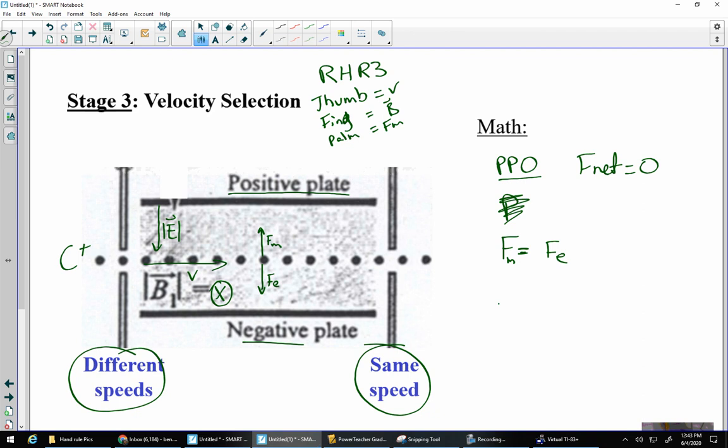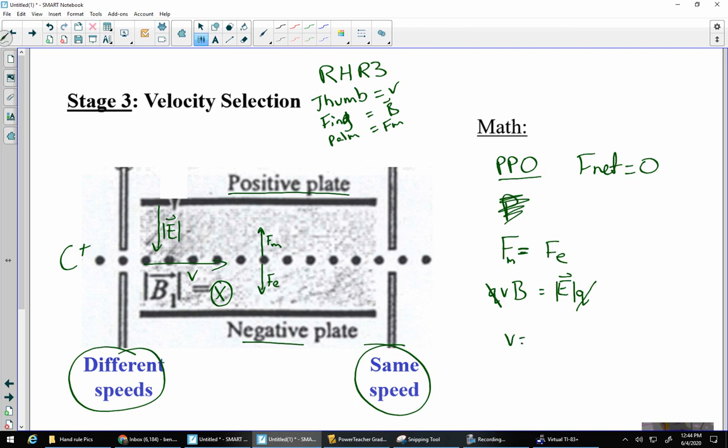So the magnetic force on a charged particle, well, that's qvB, and our electric force is our electric field times charge. Cool, cool. See anything that we don't even need? That's right, charge at this point. Who cares if it's singly ionized or doubly ionized? Charge is going to cancel out.